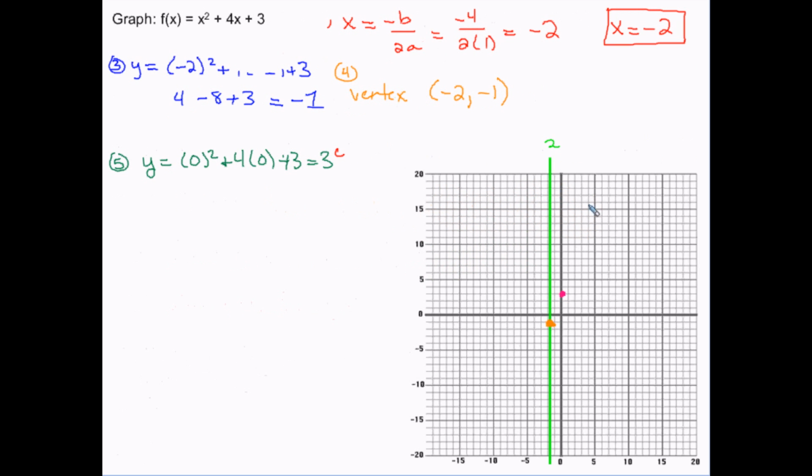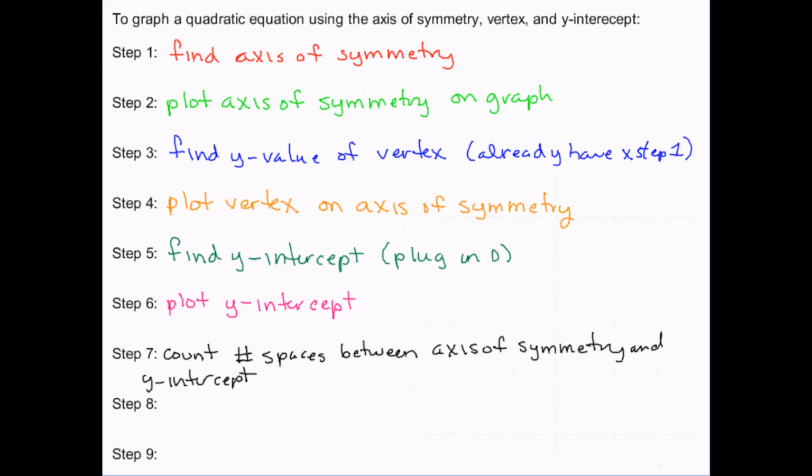Because remember I said we're symmetric. So I have 1, 2. 2 spaces between y-intercept and axis. Okay. Finally, I'm going to count the same number of spaces on the other side of the axis.